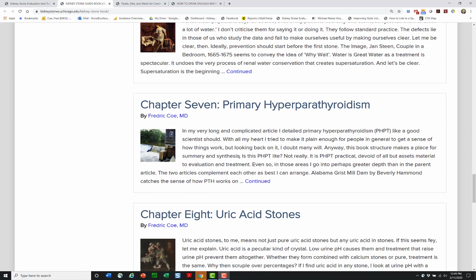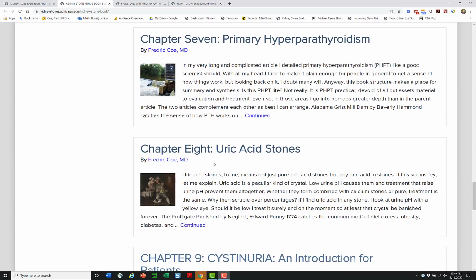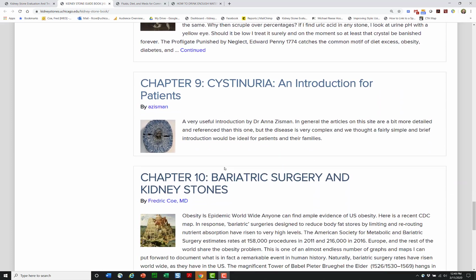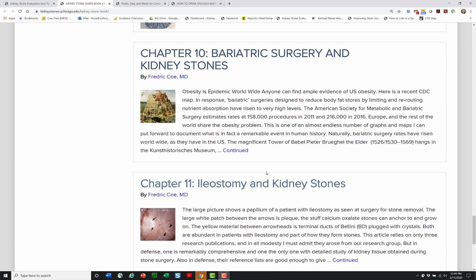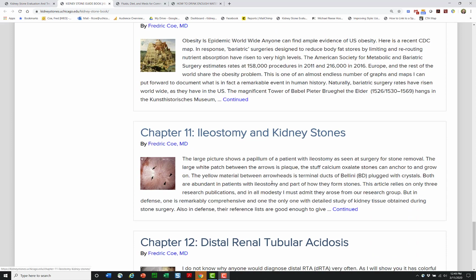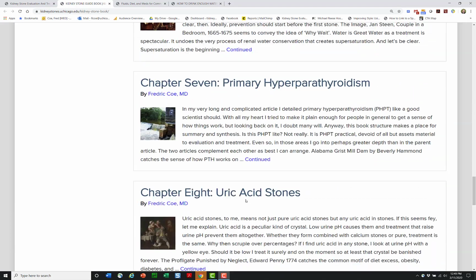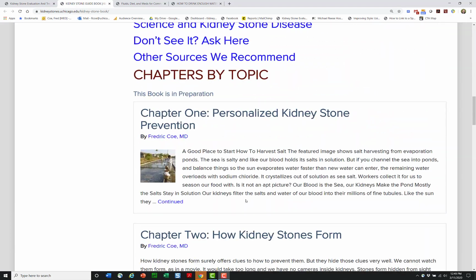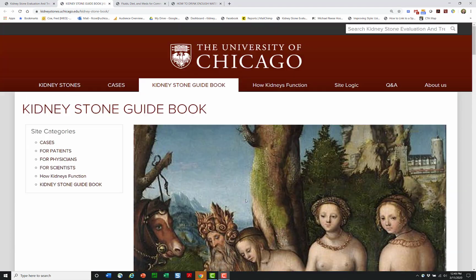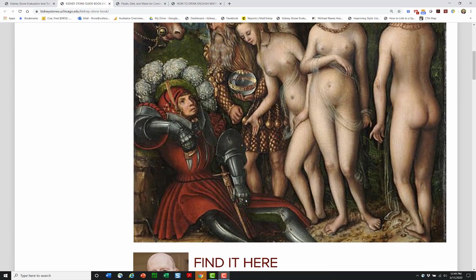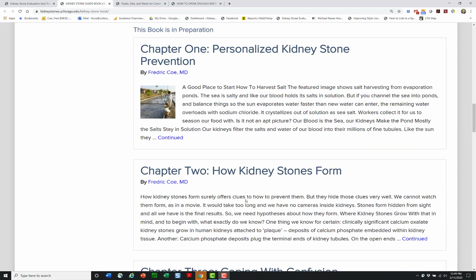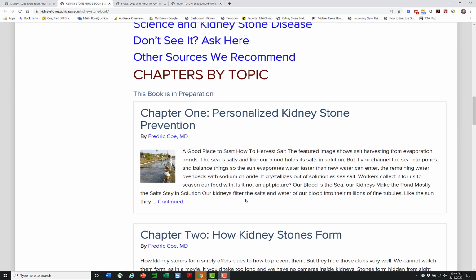And then a number of important special diseases: hyperparathyroidism, uric acid stones, cystinuria, bariatric surgery, ileostomy, and distal renal tubular acidosis. So the page that's called the book is really twofold. You can use it to shop, and you can use it to pick out chapters that you might want to read.